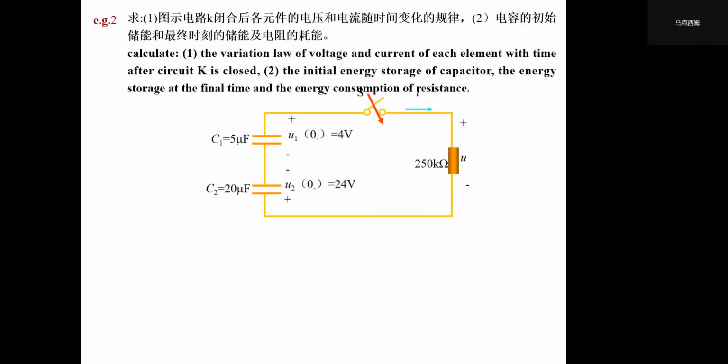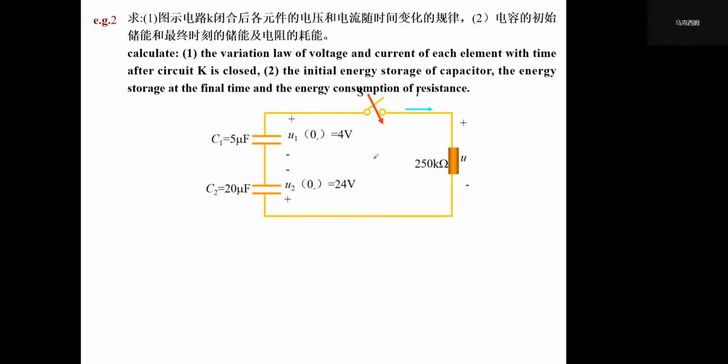So let's see, we have a circuit that looks like this, and we have the original voltage values of those two capacitors, and they are in a series connection.